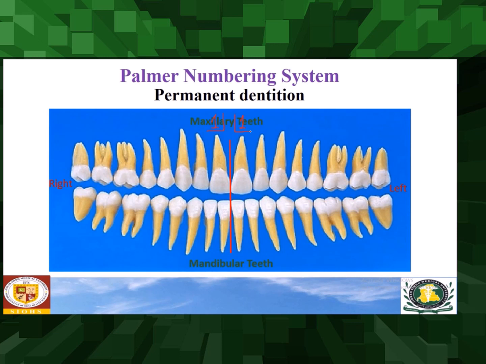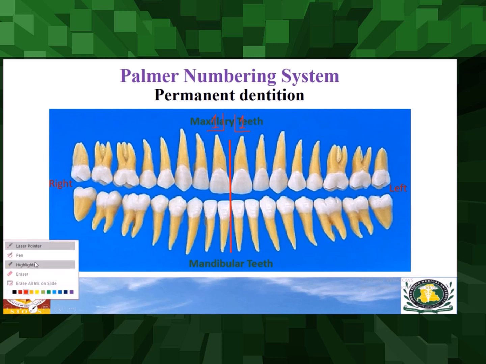Now, left mandibular first molar. This tooth is the left mandibular first molar. This is central incisor, lateral incisor, canine, first premolar, second premolar, and the first molar of the left side. The numbers start from the midline: 1, 2, 3, 4, 5, 6.